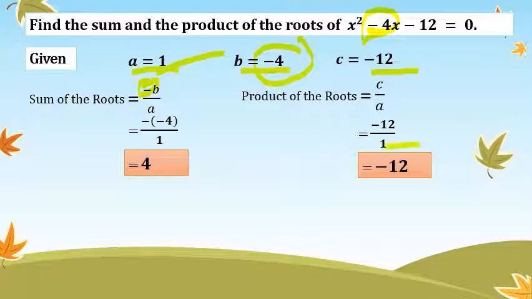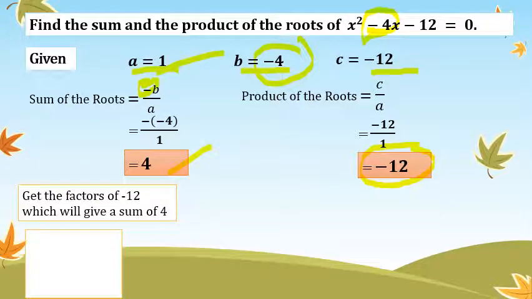Mag-iisip tayo ng factors ng 12 na kung saan kapag in-add natin, ang sagot ay positive 4. Okay. So, factors of 12, 12 and negative 1. Bakit pala positive at negative? Kasi, ito ang sign na magbibigay sa atin ng sagot na negative.